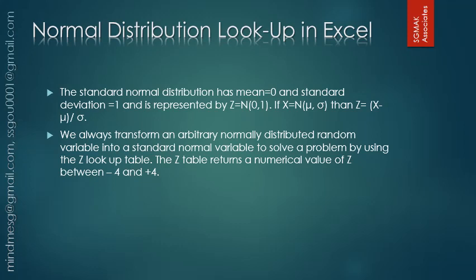So if you use that table, you have to convert an arbitrary normal distribution into a standard normal distribution by using the transformation just listed here, z equals x minus mu over sigma. Then you look up the value from the z table and convert it back to x. The z table returns a value between -4 and +4.